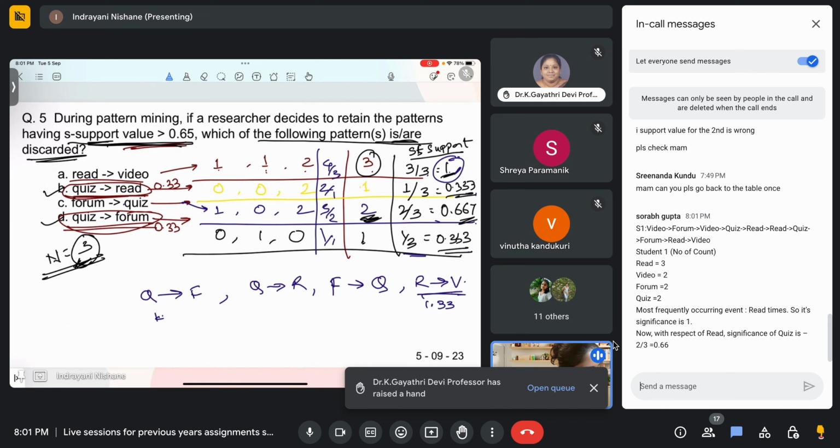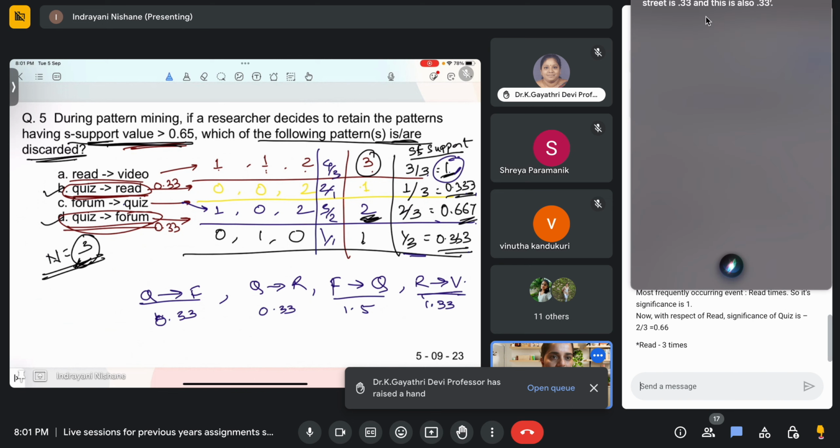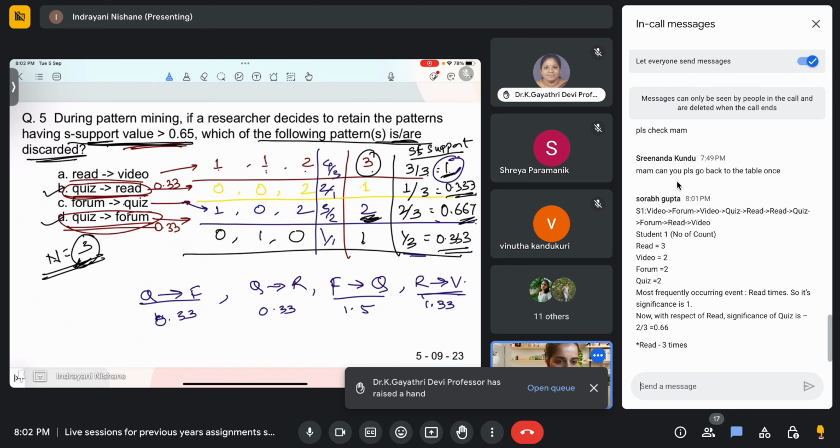Then forum to quiz has 1.5. Then quiz to read is 0.33, and this is also 0.33. So this is the value.